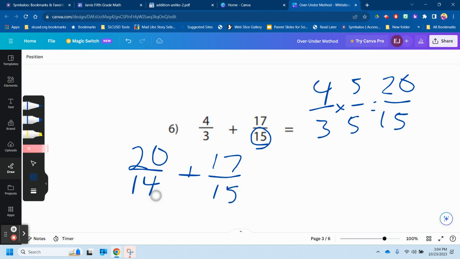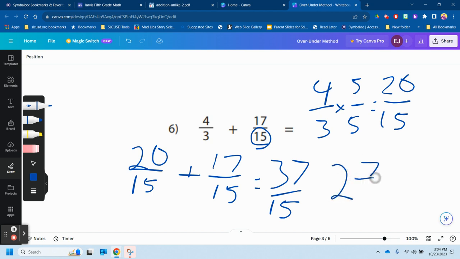And I should get 37/15. Okay. And then I know that 37/15 is an improper fraction. 15/15 is 1. 30/15 would be 2. And 7/15. So if you're kind of advanced, you can write that in there. But 37/15 is fine for now. We'll get to the improper fractions later.